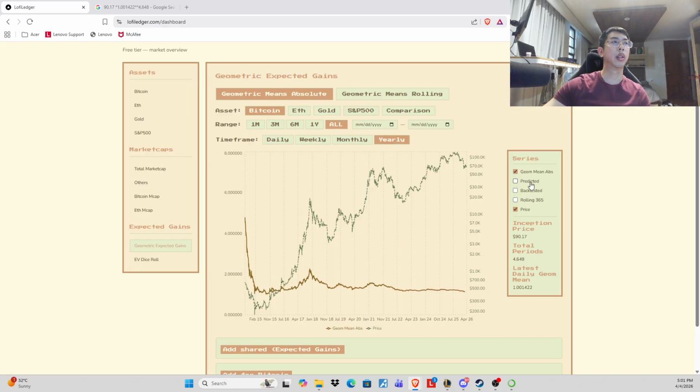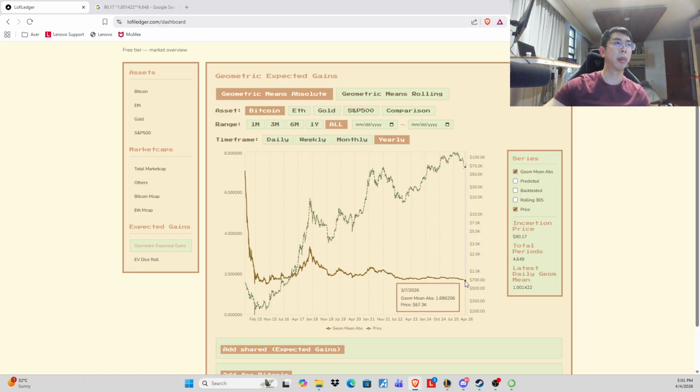So this is how to make expectations of Bitcoin, right? Currently you can make a 0.68% gain on average year on year in the next few years. But again, this is pretty stochastic. Some months it'll be more, some months it'll be less. But this is what it looks like on average, and this is what you can expect.